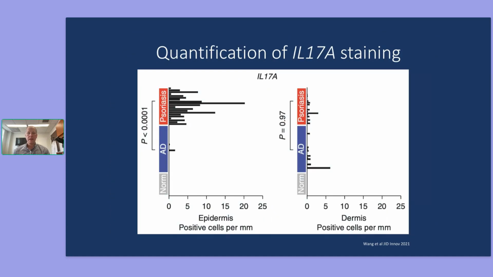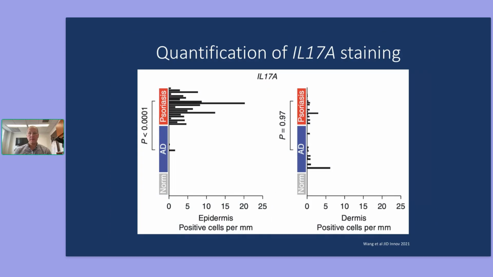And when we looked across cases, we noticed that in general, in the epidermis, psoriasis cases were positive. In atopic dermatitis, we did have a couple cases that showed a little bit of staining. In normal skin, we didn't have any. And so what I would say based on this data was that we're really excited that all psoriasis cases stained.